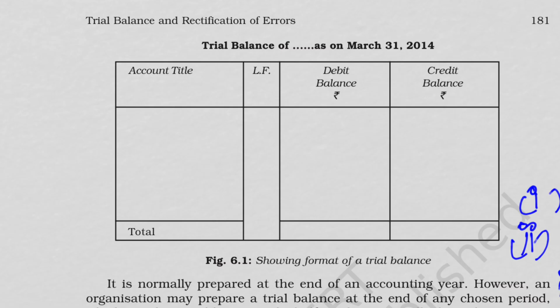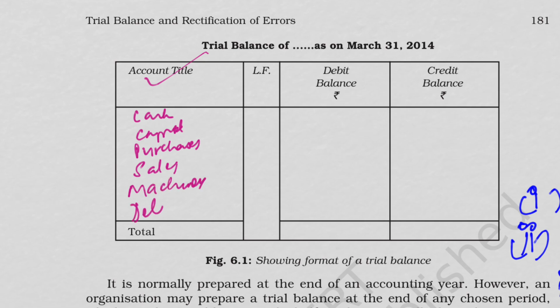Now let us see the format of trial balance. Trial balance normally contains the following columns. First of all, we have the account title. This column shows the name of the ledger accounts. For example, it can be cash account, capital, purchases, sales, machinery, debtors, creditors, etc. Second column, we have the ledger folio.